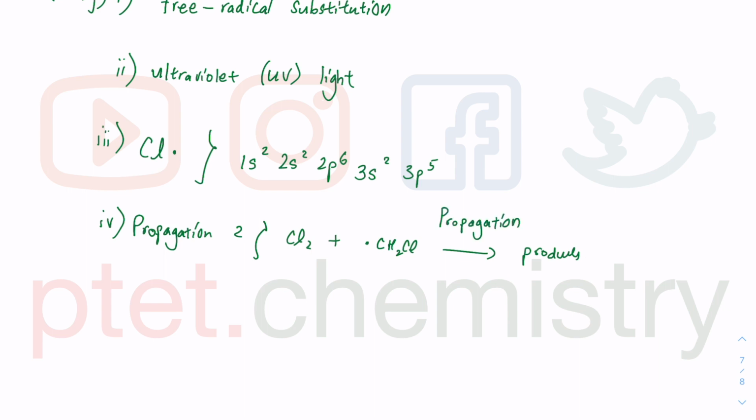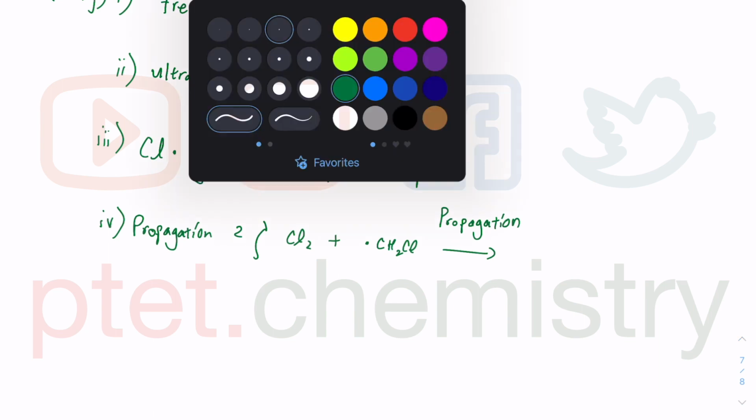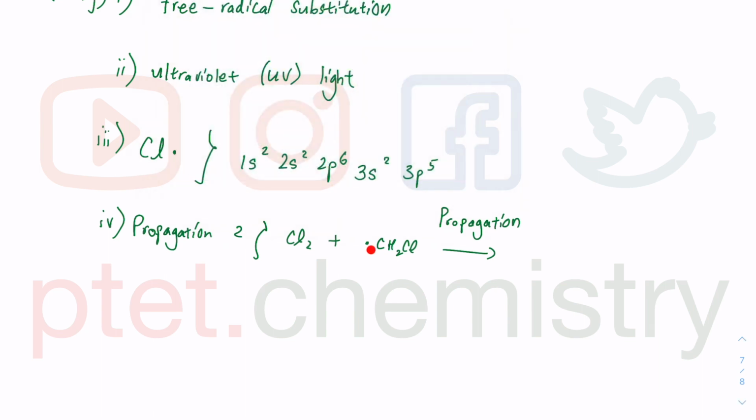Propagation basically means radical plus non-radical give you radical and non-radical. So what happened with the products is that this radical will attack the Cl, and then it will form CH2Cl, and you get another Cl. So basically this is CH2Cl2. And when you attack the Cl there, you will get Cl dot as well. So this is propagation because non-radical plus radical give you radical and non-radical.